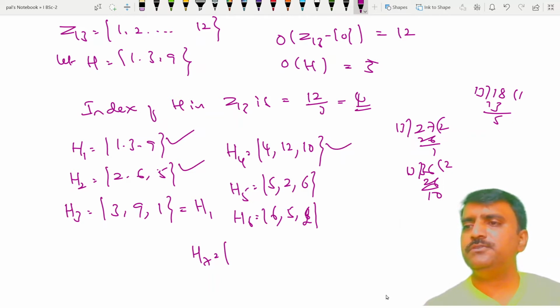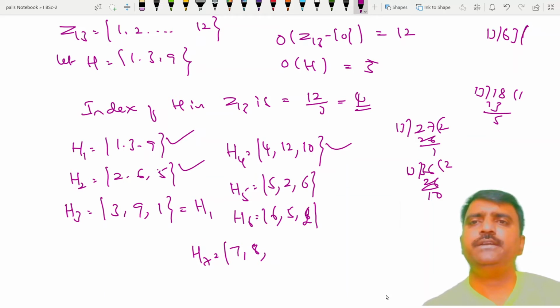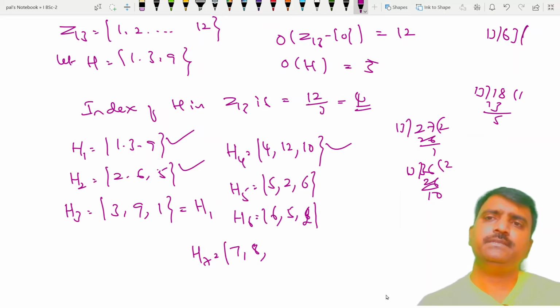h7 is equal to 7. 7 times 3 is 21. 21 under modulo 13 is 8. Next, 7 times 9 is 63. We have to find the value of 63 congruent modulo 13, the remainder.